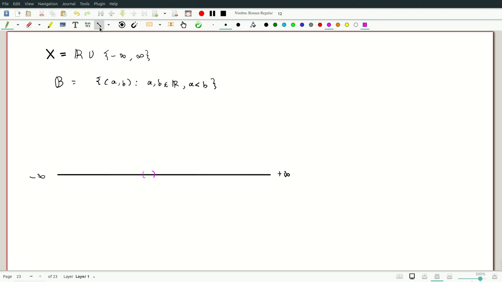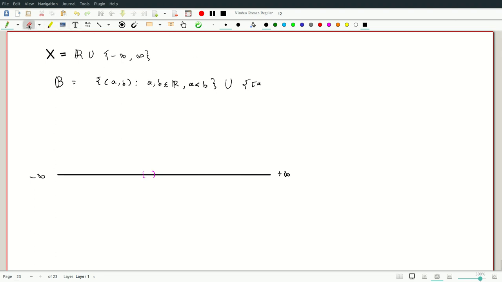But we also want to allow sets corresponding to infinity and minus infinity, so we'll allow a union with sets of the form (a, ∞]. Let me just write it here, and then I'll explain what they are.